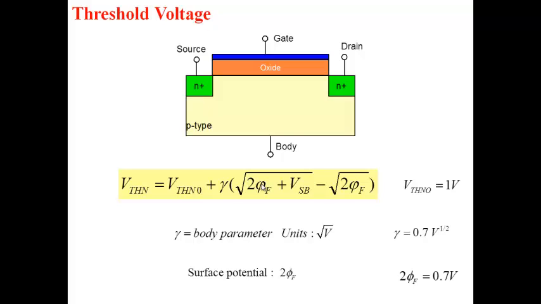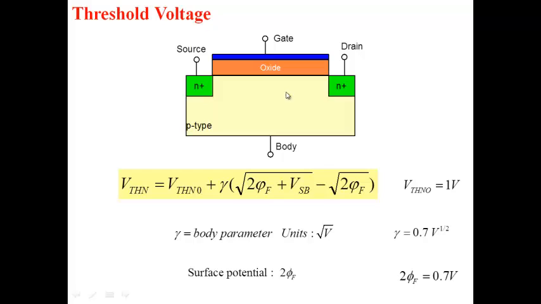So from an analog design perspective, what you have to be aware of is that my threshold voltage depends on source to body voltage. Once I know how much the source to body voltage is, I can find the threshold voltage, because VTHN0, gamma, and 2 phi f are all constants provided, and you can figure out the threshold voltage from this expression.